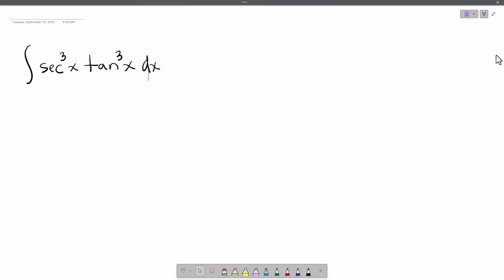You have to use the fact that tangent is to an odd power. When secant is even, you pull off a secant squared, but when tangent is odd, this is the harder case. When tan is odd, you have to pull off a secant tangent.